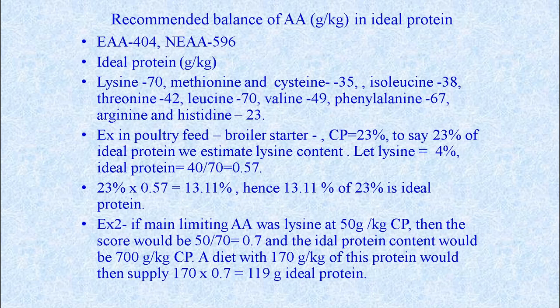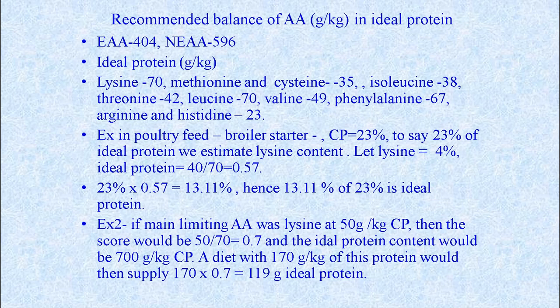So there is a recommended balance of amino acids in ideal protein. It can be obtained by EAA 404, then NEAA 596. So ideal protein is the one which contains an adequate quantity of the formed protein.